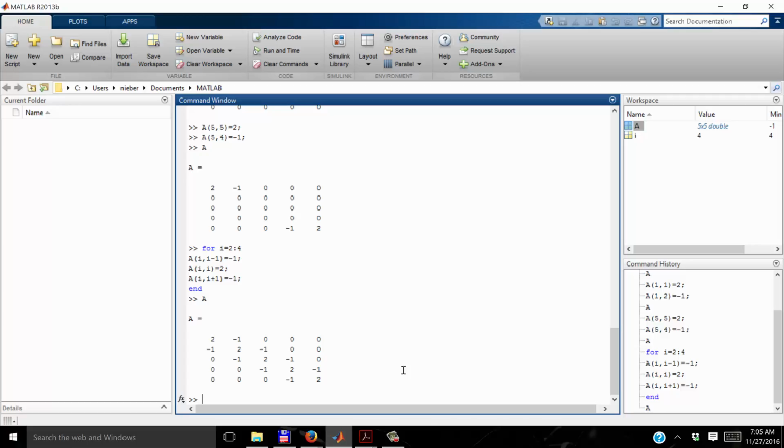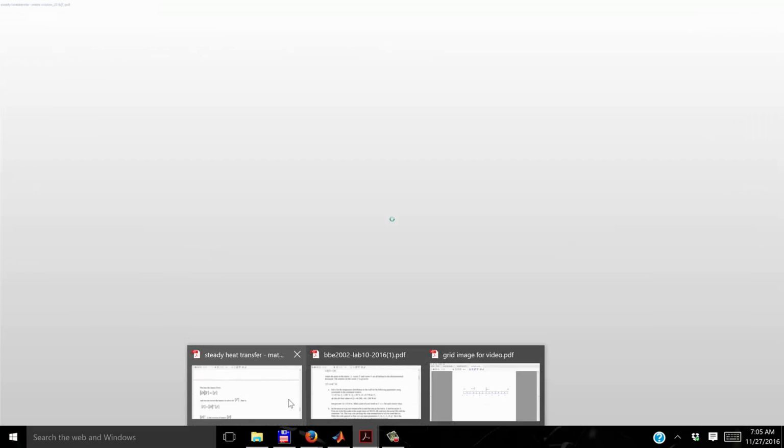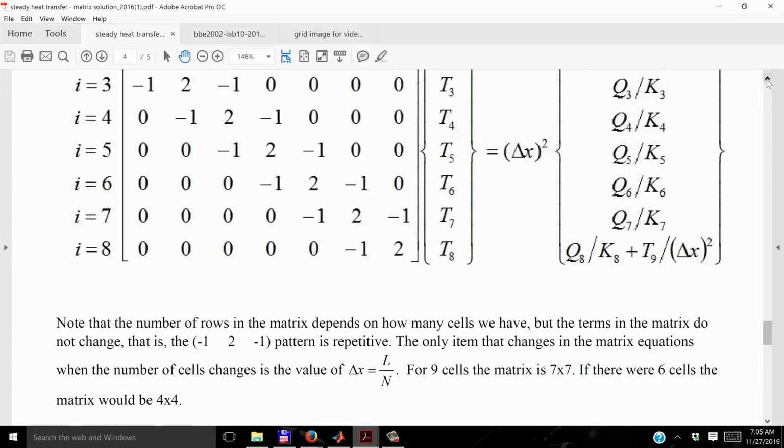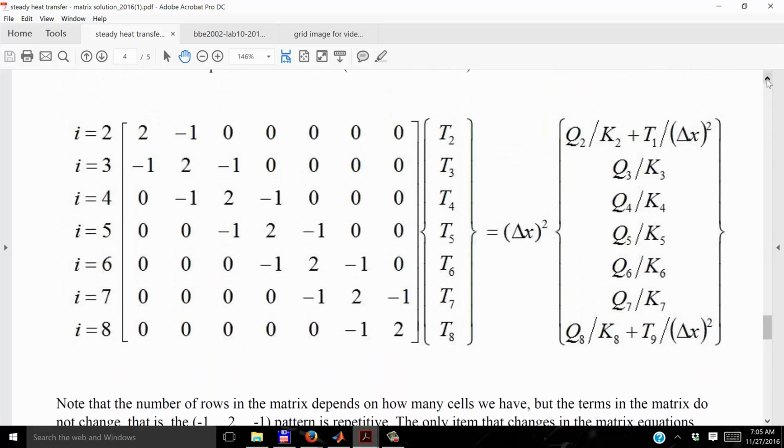The B matrix, if we go back to the form of the matrix, or the vector in this case. So just to reiterate, now I have my 5 by 5 matrix that has this form with 2's on the main diagonal and -1's on the off diagonal. The B vector is the product of delta x squared times these q over k's.